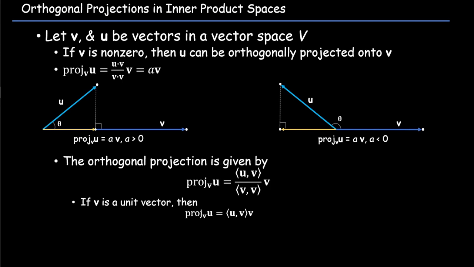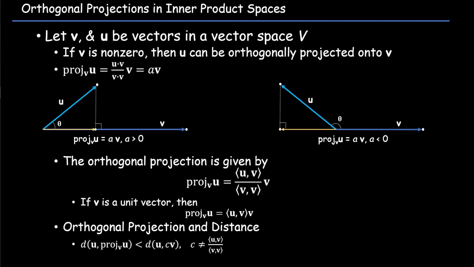Another thing with these projections is that the distance between u and the orthogonal projection has to be less than the distance between u and some scalar c times vector v, such that c is not the inner product of u and v over v with itself.